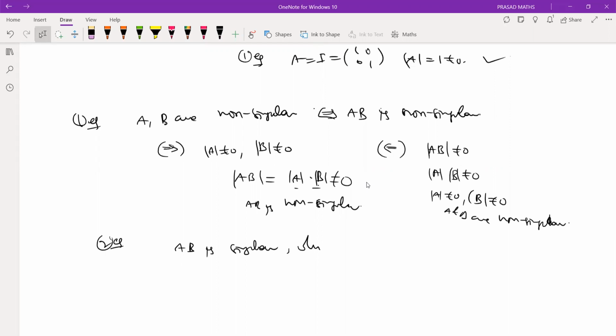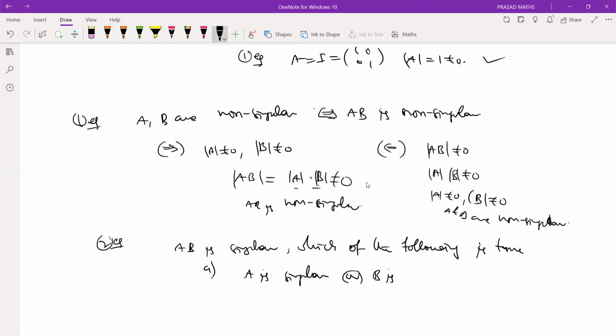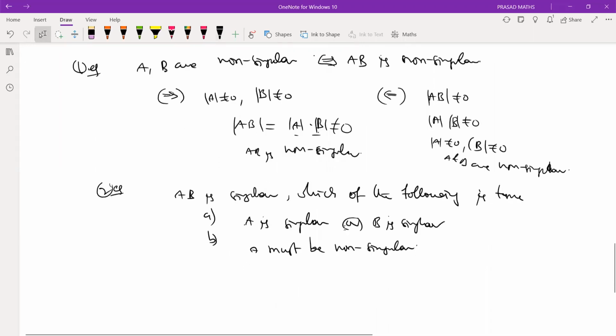which of the following is true? First, A singular or B singular? Second, A must be non-singular. Third, B must be non-singular.